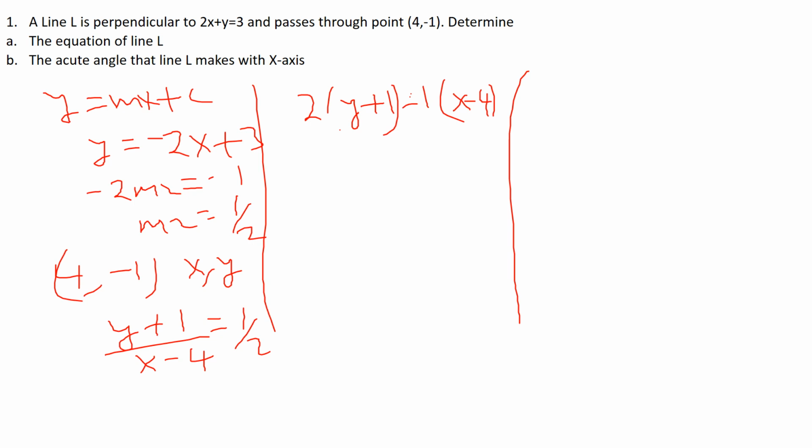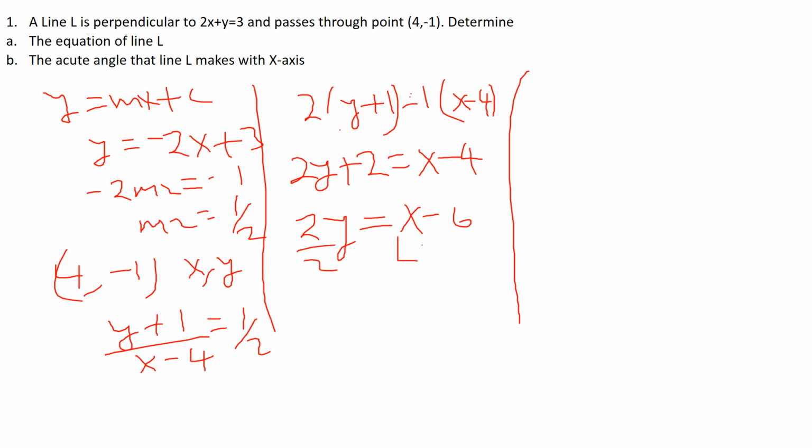So in this case we will have 2y plus 2 is equal to x minus 4, and then 2y is equal to x minus 6.